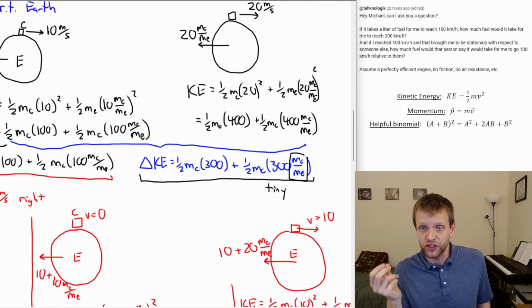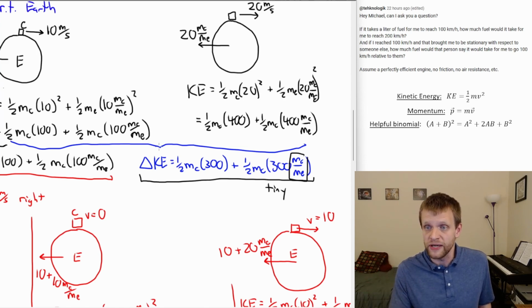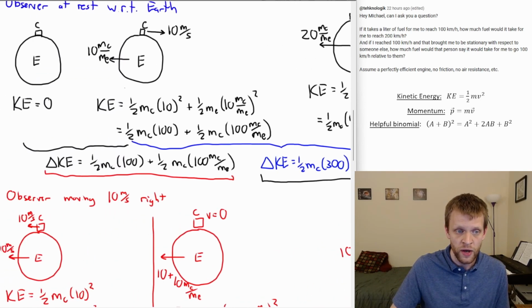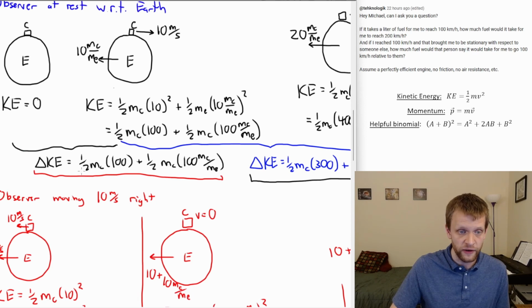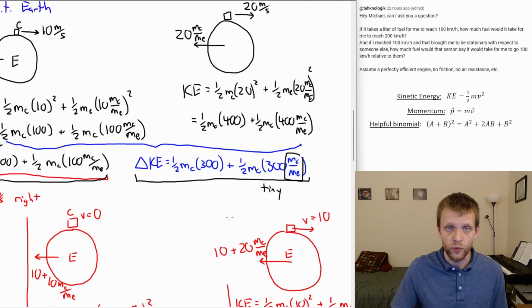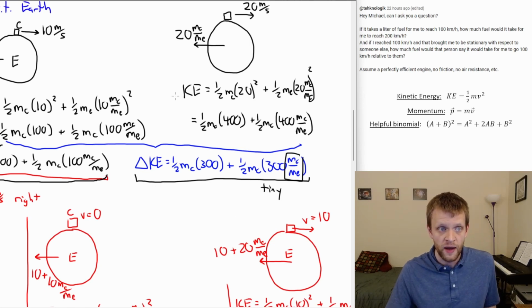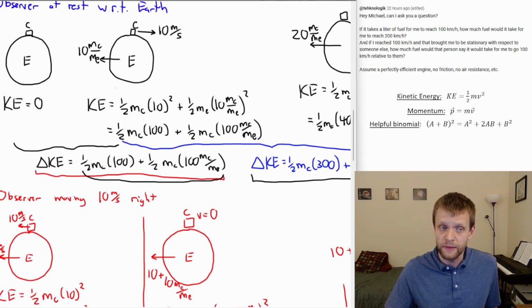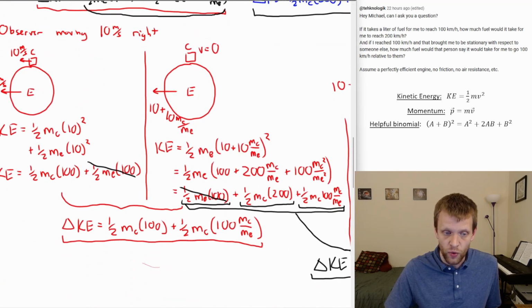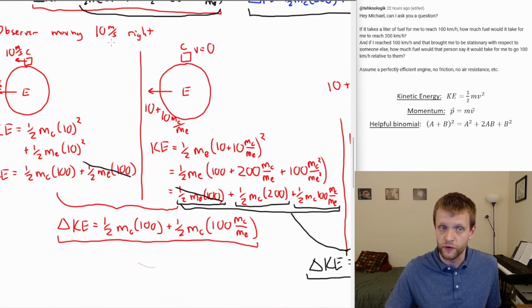So for your question of, if it takes a liter of fuel for me to reach 100 kilometers an hour, how much would it take me to reach 200 kilometers an hour? Well, the math works out the same way. Going from how much energy was required for the first case to how much energy was required in the second case, it was triple the fuel. That works for the frame of reference where the Earth is at rest, and that same thing works for the frame of reference where the observer is already moving to the right.